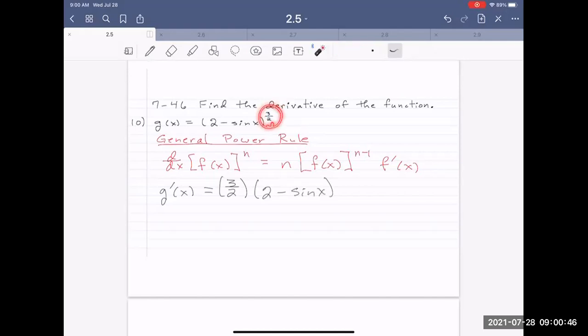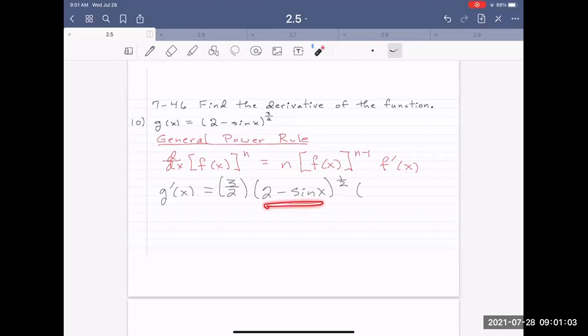And so 3/2 minus 1 is just 1/2, times the derivative of what's inside.